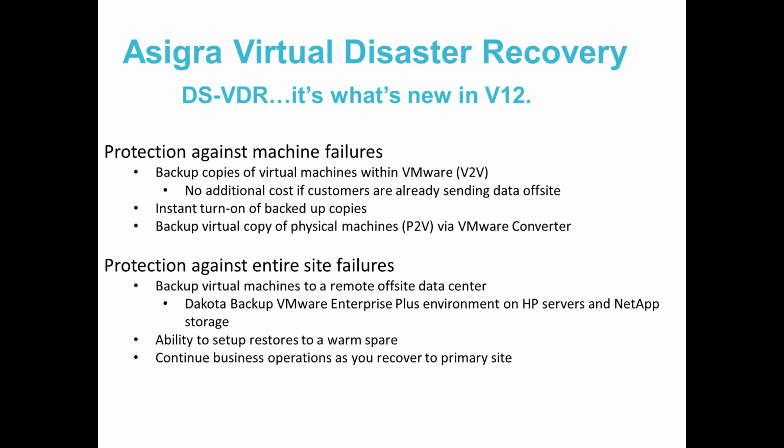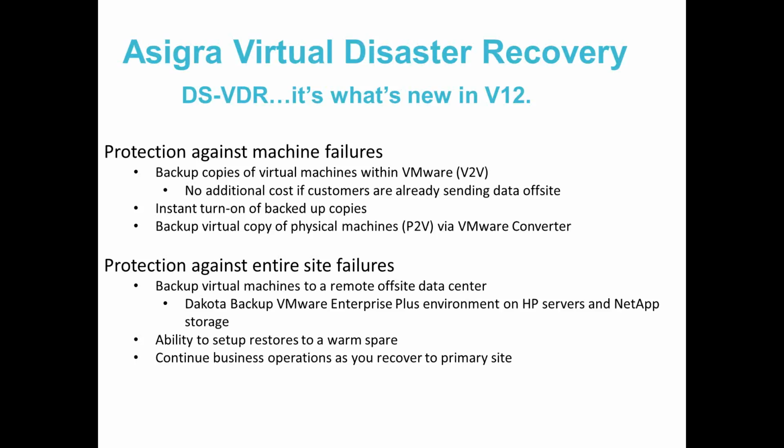The Local DS VDR creates full backup copies of virtual machines onto storage presented to the VMware environment, which can be local storage, NFS, or iSCSI, and it does it on a scheduled basis. But it does not send any data offsite to Dakota Backup.